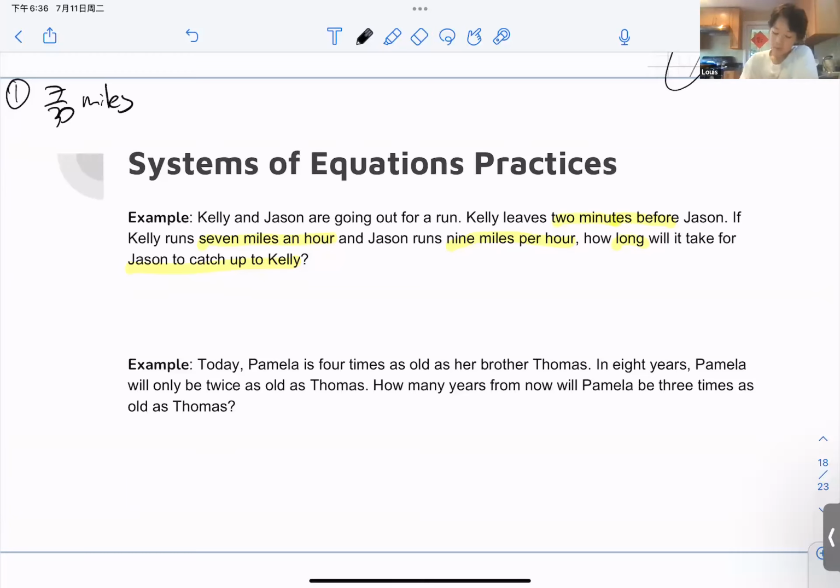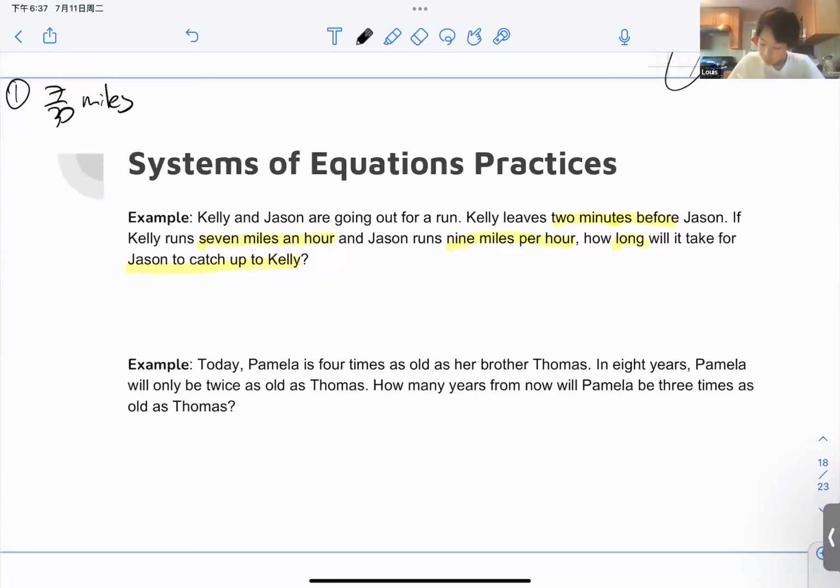And if Kelly is running at 7 miles per hour and Jason is running at 9 miles per hour, that's the same as if Kelly is standing still and Jason is running at 2 miles per hour. So we're just asked to find how many minutes it will take for Jason to run 7 over 30 miles at 2 miles per hour.